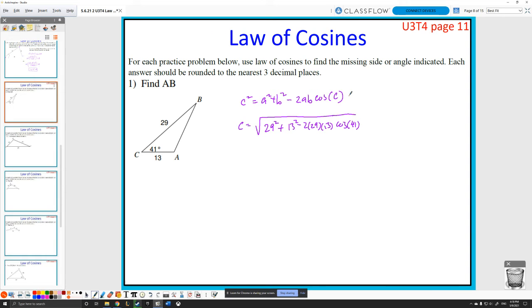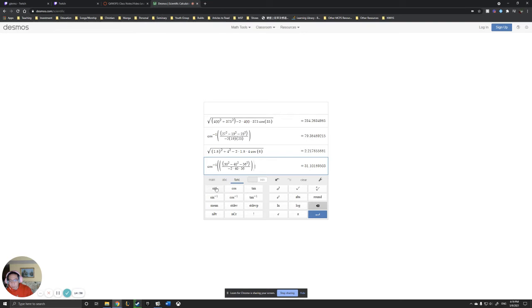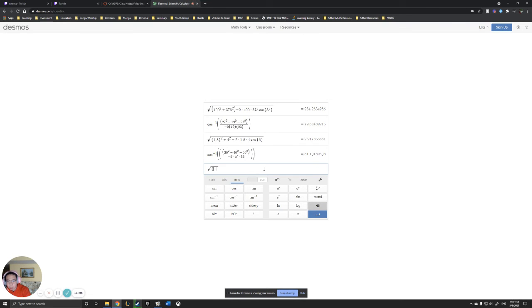Now you do notice that I'm not showing a whole lot of steps, but I would love to see what you're using and how you're setting up your equation. I'm writing out, okay, I'm solving for C, so that's why C squared is first. And all I did was take the square root of both sides and substitute in my numbers. Of course, the rest is up to how I put it into the calculator.